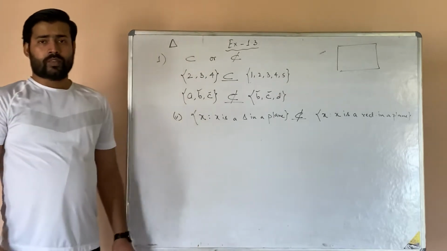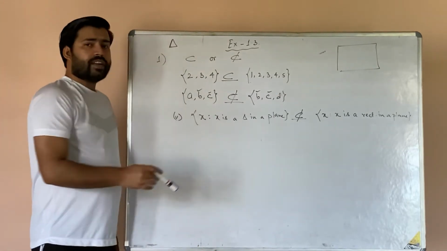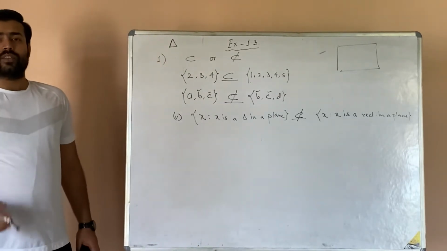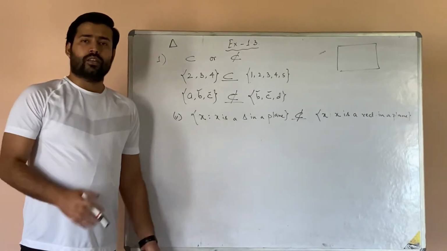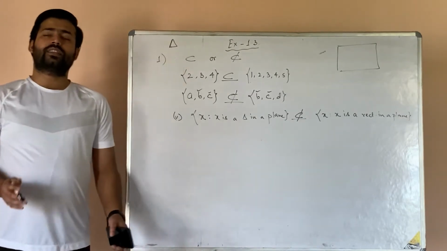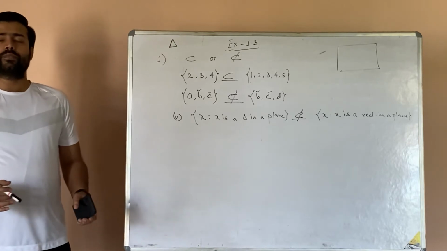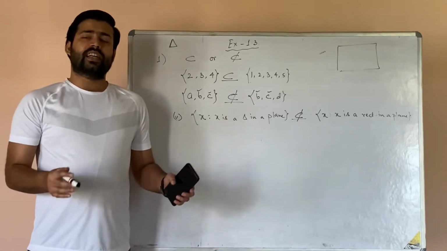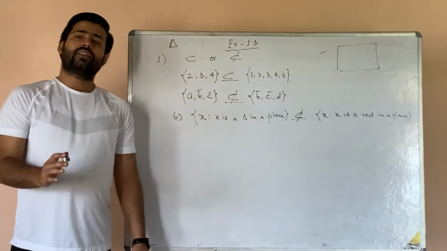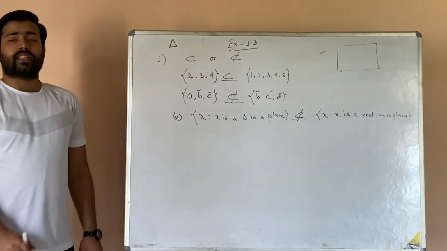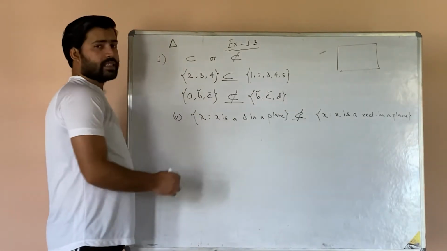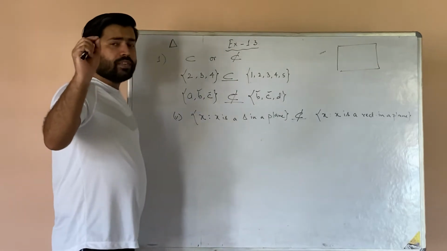So you will not try to find out the cases in which the condition is satisfied. If someone is doing it, he is a fool, because we are not talking about the conditions in which the cases are satisfied. Rather, we will try to find out those cases in which the condition is not satisfied. One single example you need to give.